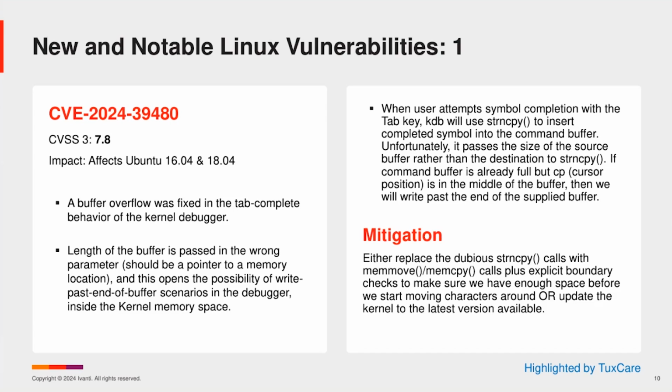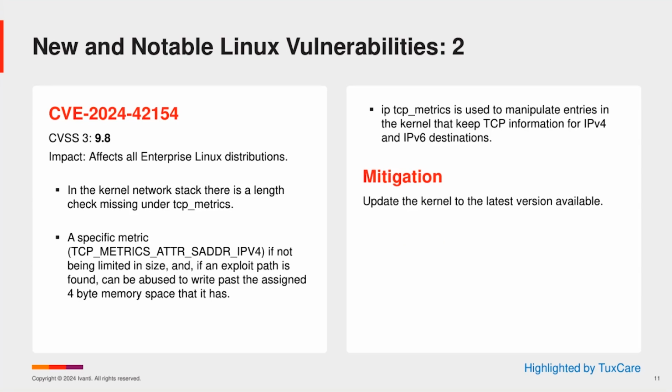The next vulnerability is CVE 2024-42154. This one affects all Linux enterprise Linux distributions. In the kernel network stack, there's a length check missing under TCP metrics, and that could allow an attacker to, I believe this one is code execution, isn't it?